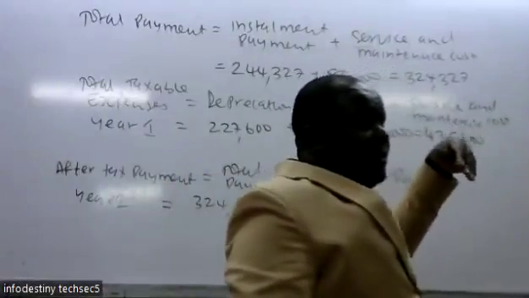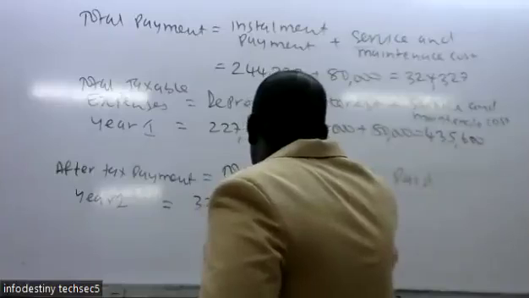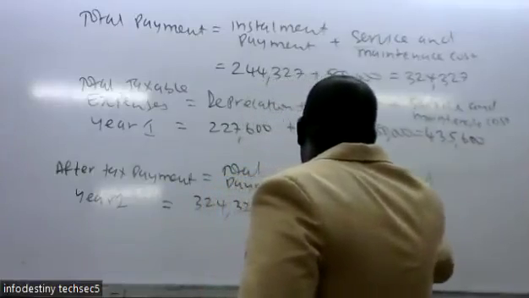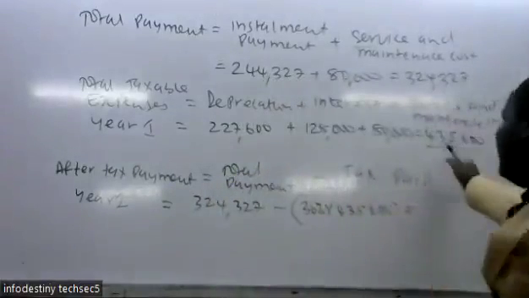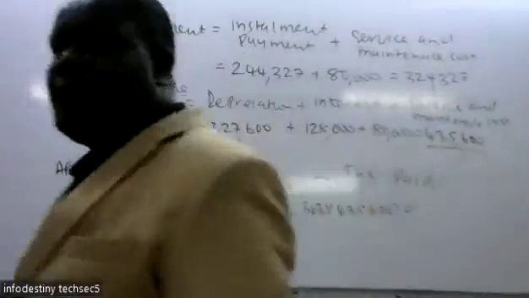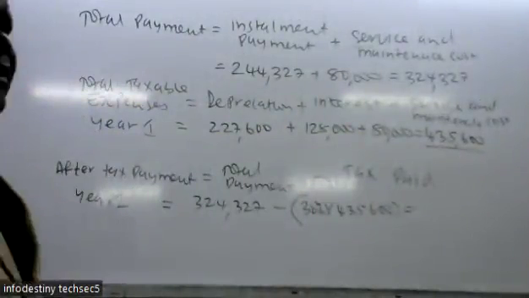So you know the tax rate is what percent? 30%. So tax paid will be 30% of the 435,600. These taxable expenses that you have calculated. So that now will give you the after tax payment.